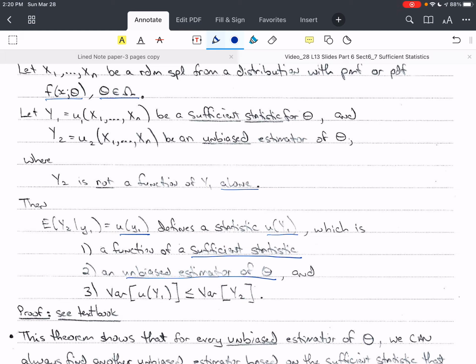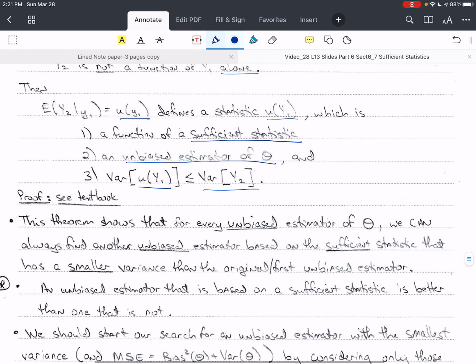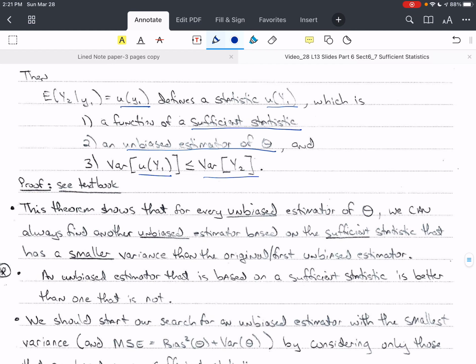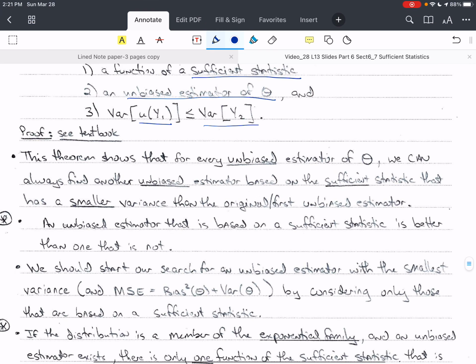So the variance of u of Y1 has to be less than the variance of Y2. Now, the proof is in the book. So if you'd like to see that proof, then by all means, look at the textbook. So this theorem shows that for every unbiased estimator of theta, this is the idea.